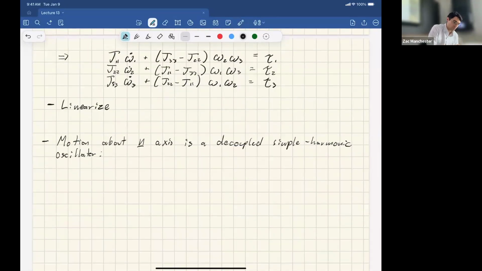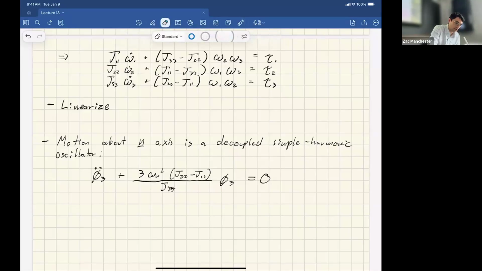So this one looks relatively clean. You're going to get something that looks like this. So yeah, this is a classic simple harmonic oscillator.